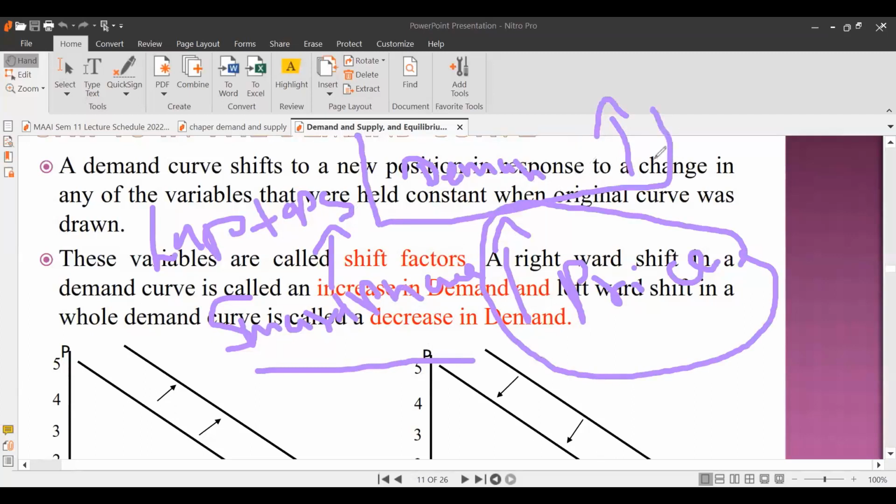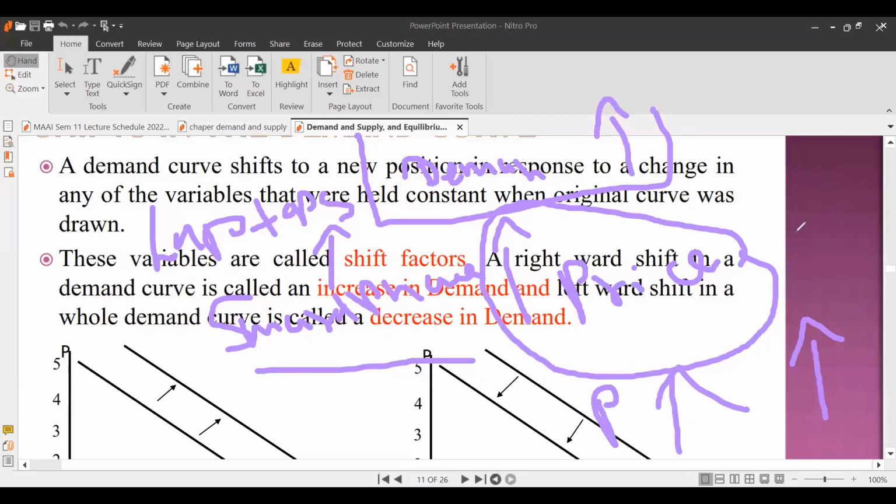So the trend of these two commodities is in a similar way. If there's an increase in the price of a substitute good, that will lead to an increase in the demand for the other good.